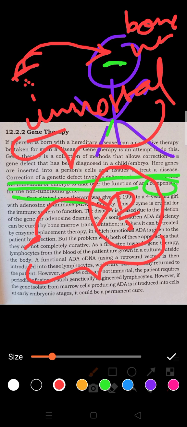Okay, this process has to be repeated again and again. Okay, so regular transfusion of such treatment is required for the life of this patient. But if you do this treatment in an early embryonic stage, that time it can be curable.